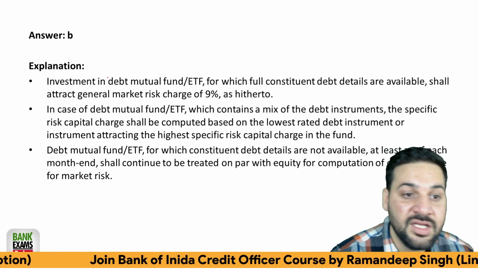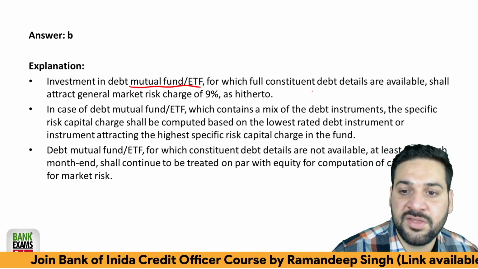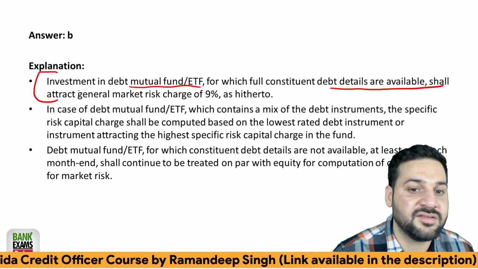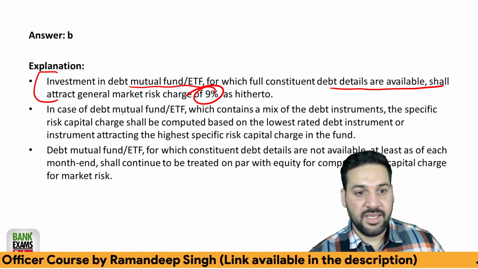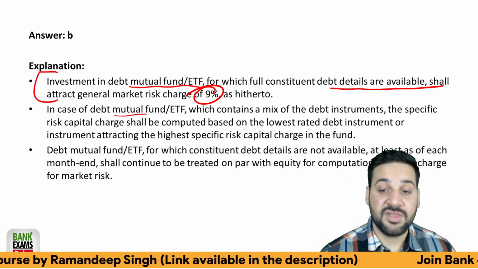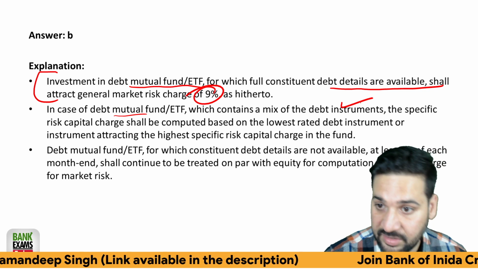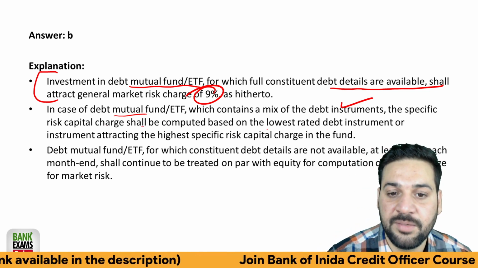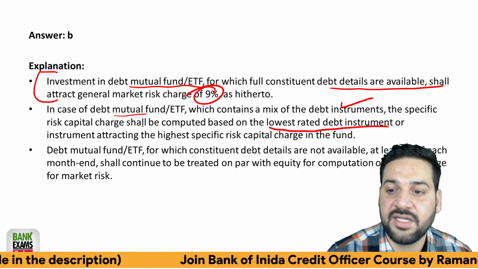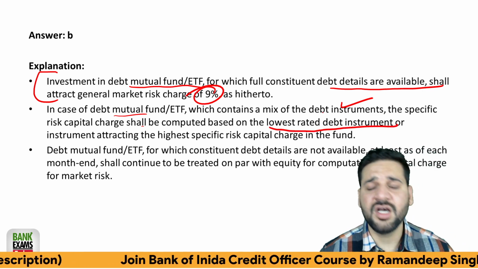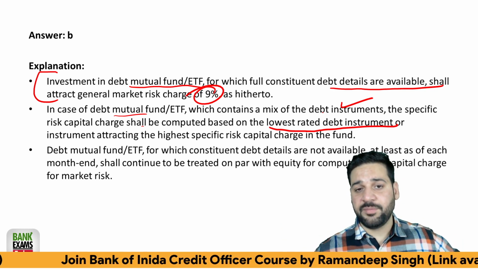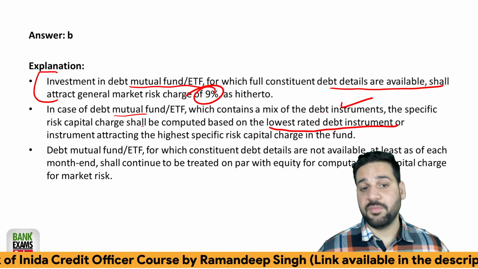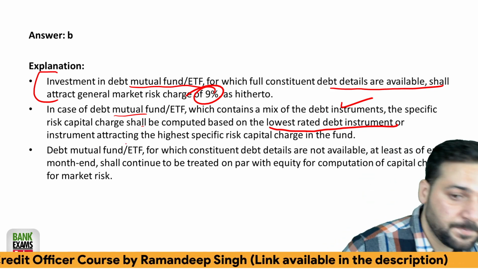It is 9%. Investment in debt mutual fund for which constituent debt details are available shall attract a general market risk charge of 9%. In case of debt mutual fund ETF which contain a mix of debt instruments, the specific risk capital charge will be computed on the basis of lowest rated debt instrument. अगर बहुत सारे इंस्ट्रूमेंट्स हैं इन म्यूचुअल फंड में, the lowest rated instrument उसके according जो है चार्ज कैलकुलेट किया जाएगा, right?